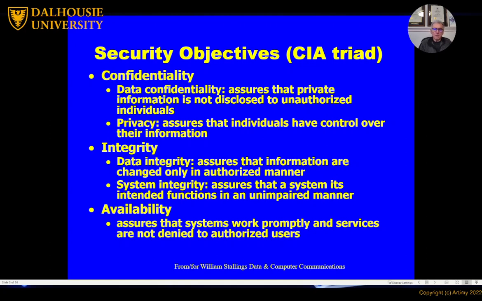So privacy means that individuals have control over their own information. Nobody can look at, for example, my home address if I don't want to disclose this information, or my phone number, or my credit card information, things like that. And for organizations, this means their financial records, their plans, their internal documents, and any trade secrets they have, etc.